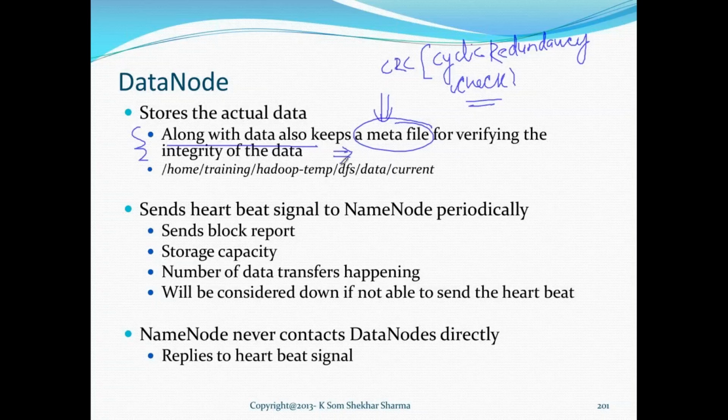So basically, if the block gets corrupted, how do you find it out? This meta file will help in finding whether the block is corrupted or not.